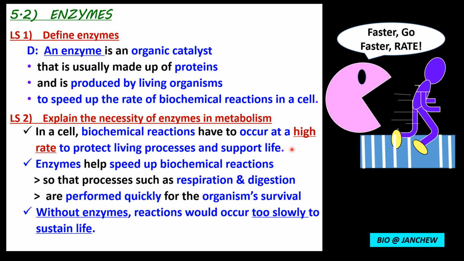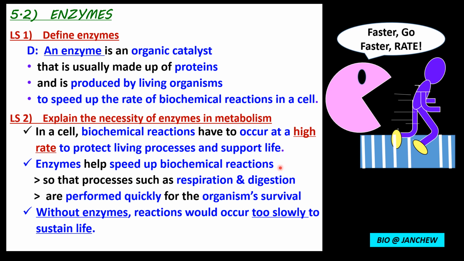For example, in order for respiration to occur quickly and to produce energy for cellular processes, we need enzymes, which are the respiratory enzymes. Okay, so as an example, respiration, which involves a series of reactions, has to occur at a high rate, okay, to produce the energy that we need for muscle contraction, for active transport, cell division, and so forth.